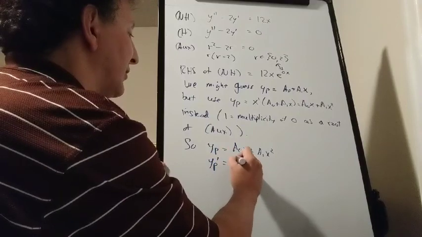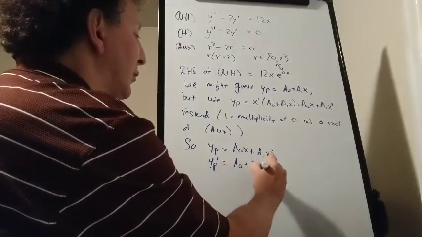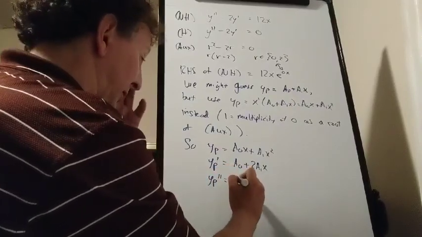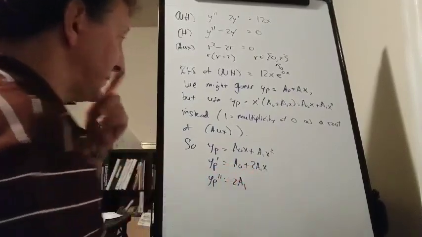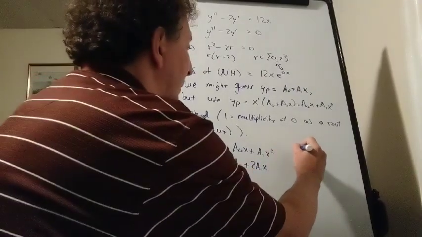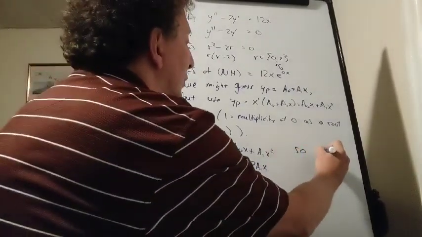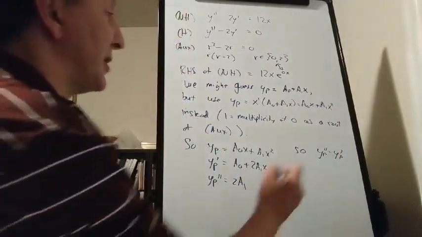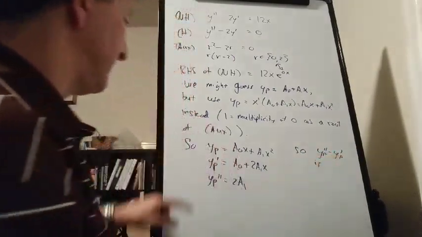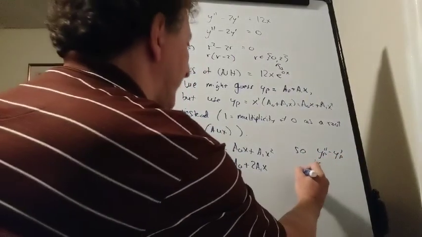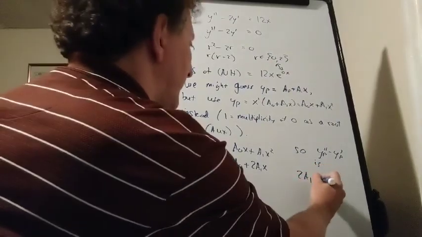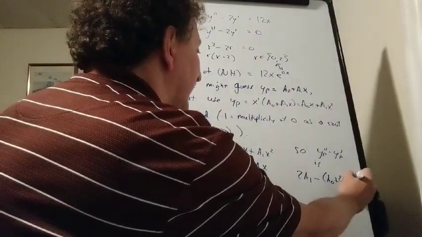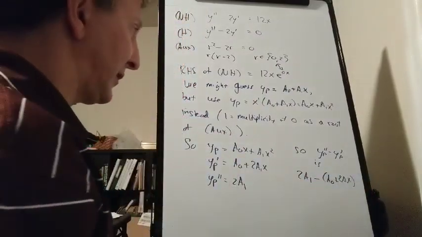So yp equals a naught x plus a1x squared. Yp prime equals a naught plus 2a1x, and yp double prime equals 2a1. So yp double prime minus 2yp prime is 2a1 minus 2 times a naught plus 2a1x, and that's supposed to be equal to 12x.